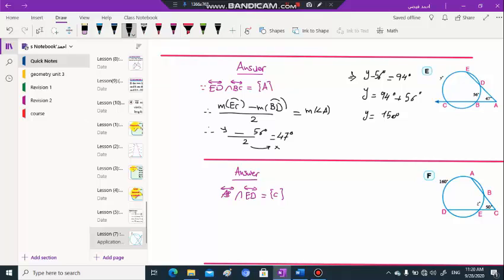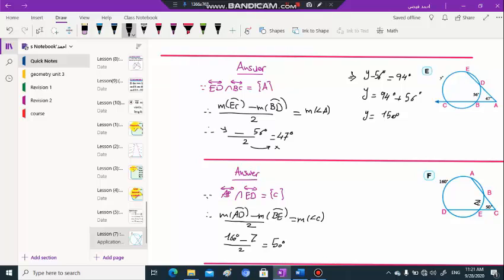So the measure of arc AD minus the measure of arc BE, divided by 2, equals the measure of angle C. So the measure of arc AD, 160 degrees, minus the measure of arc BE, which is Z, divided by 2 equals the measure of angle C, which is 50 degrees.